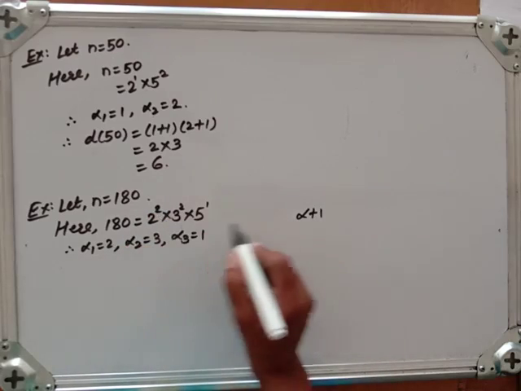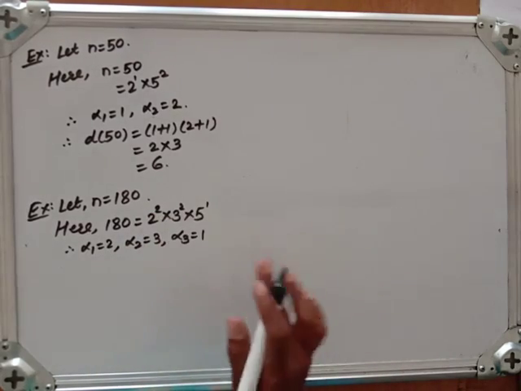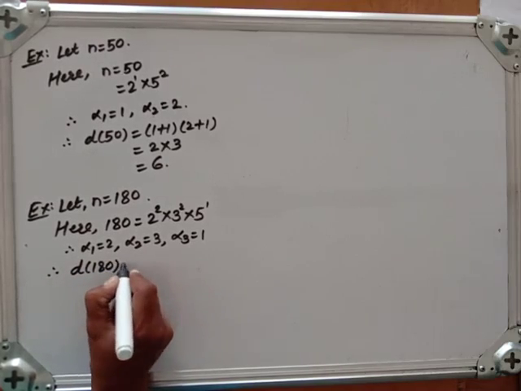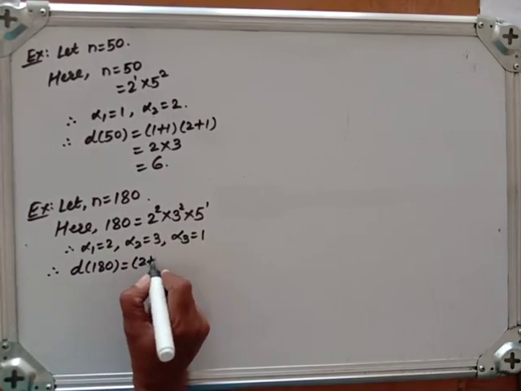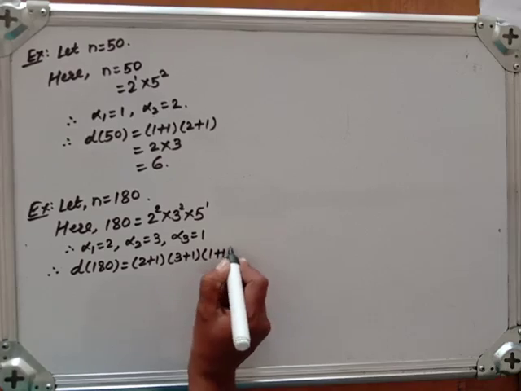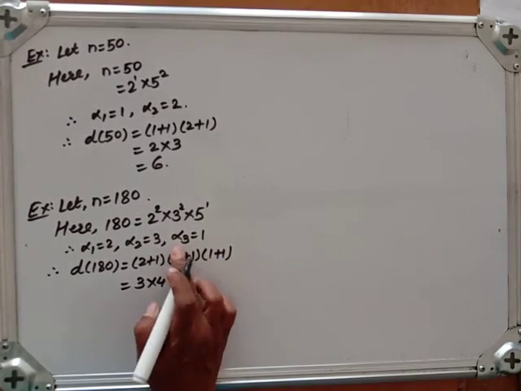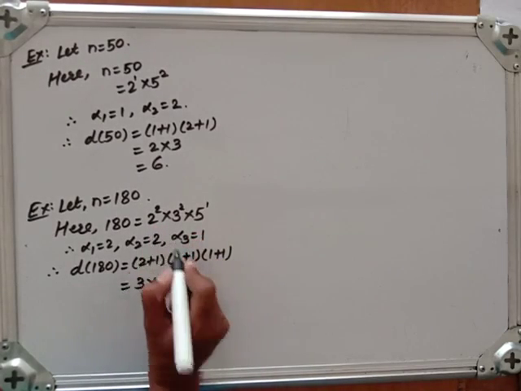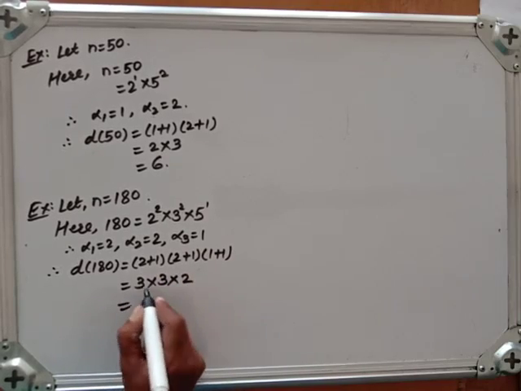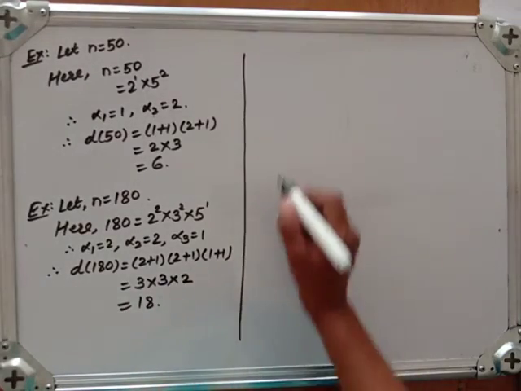So 0 to 2, we get 3 different numbers for each alpha i. Remember this. Therefore d of 180 will be 2 plus 1, 2 plus 1 according to the theorem, and 1 plus 1. So it will be 3 into 3 into 2, so 18.